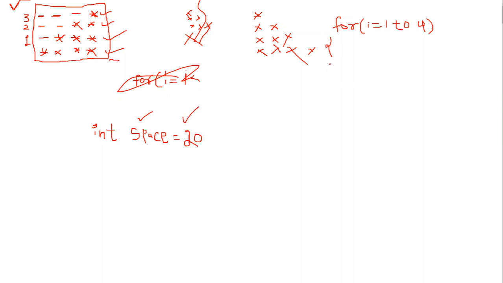Inside this for loop I will write another loop, and that for loop will provide me the required spaces: for k equals to 1, k less than equals to space, and then we will increment the value of k.